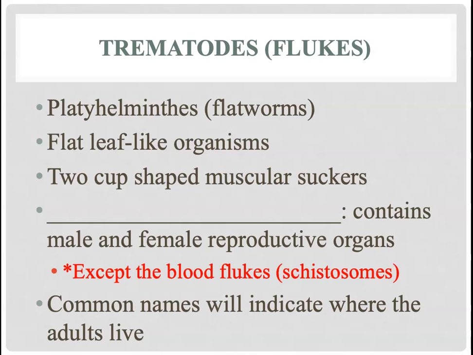Your exception is the blood flukes. So the three species we'll talk about for the schistosomes are unique because they have separate male and female organisms. They are non-hermaphroditic. And for all the flukes, the common names will indicate where the adults live in humans.